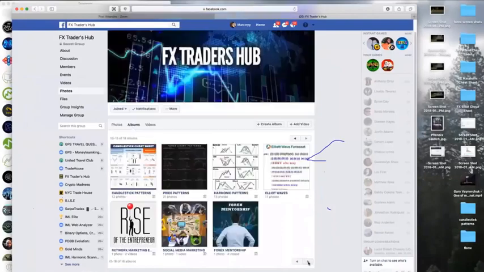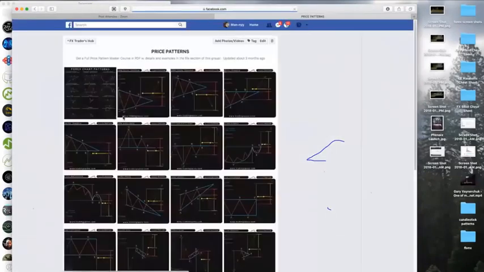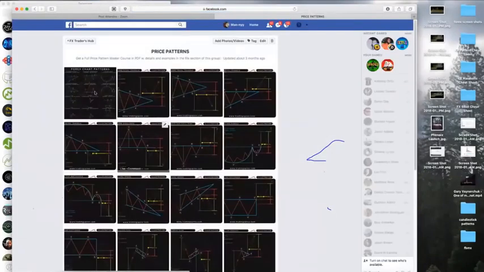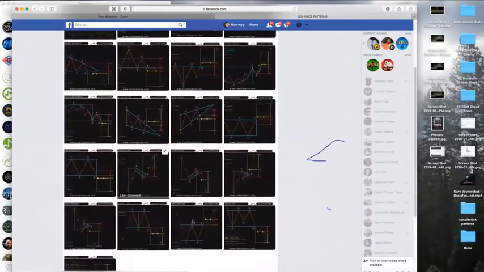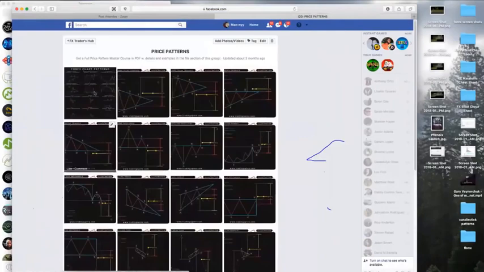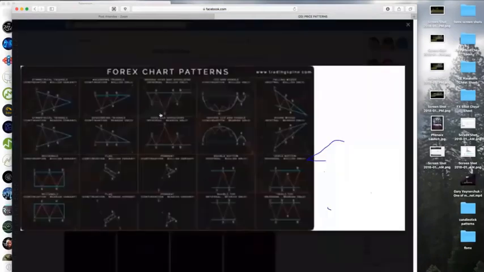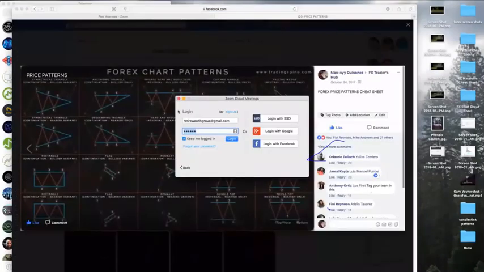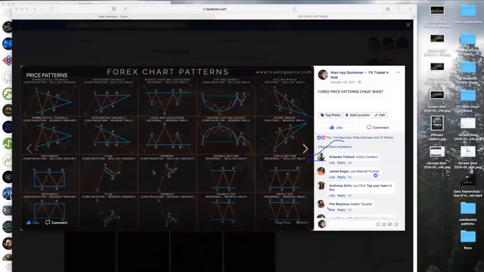Scroll over to the next page, and then right here you will see candlestick patterns and price patterns. You can get all these price patterns. You'll see a whole list of price patterns here, and then instructions on how to trade all of them, double tops, double bottoms, things like that. You can simply come over here and see the different patterns.